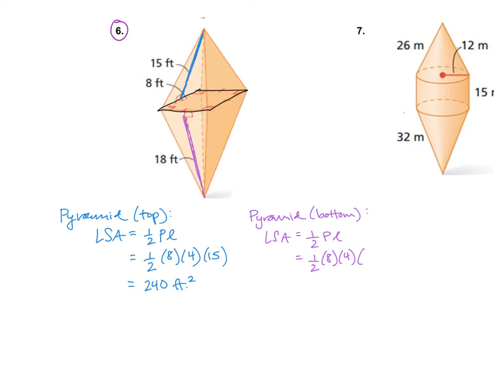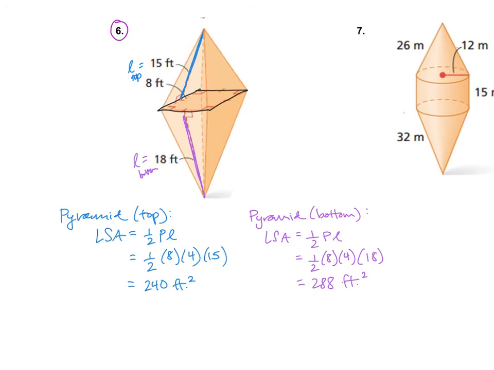So we're not going to multiply by 15. We're going to multiply by 18. So if you want to label that as L, I'm going to do that in my picture as well. That's the lateral height for the top one. This is the lateral height for the bottom one. I like to use kind of that subscript form. All right, going back to our problem. Okay, so we're doing 1/2 times 8 times 4 times 18, putting that into our calculator. And what do we get? We get 288 feet squared.